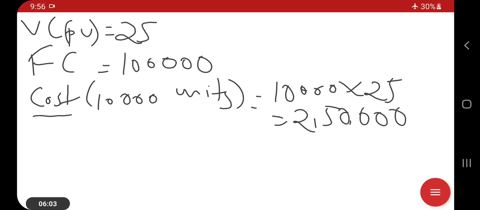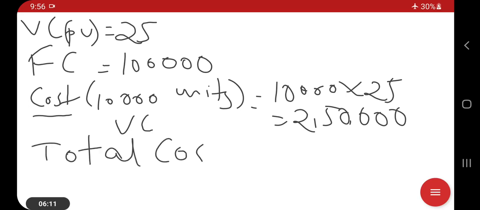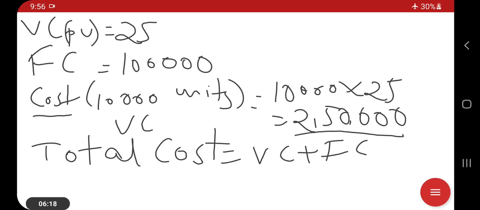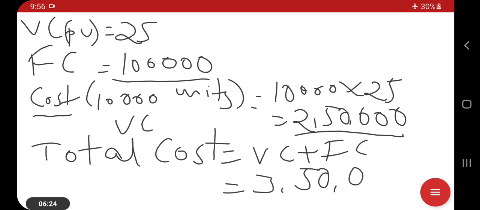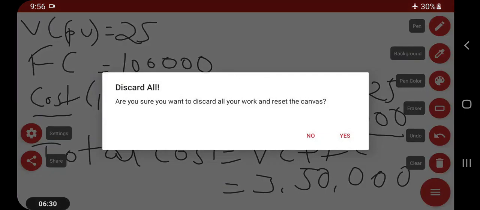Here this cost of 10,000 units is variable cost. Therefore, total cost equals variable cost plus fixed cost. Here it is 2,50,000 plus 1 lakh, equal to 3,50,000. This 3,50,000 is the total cost.